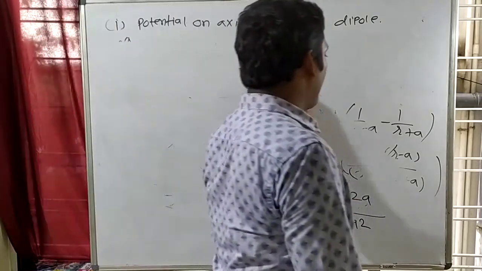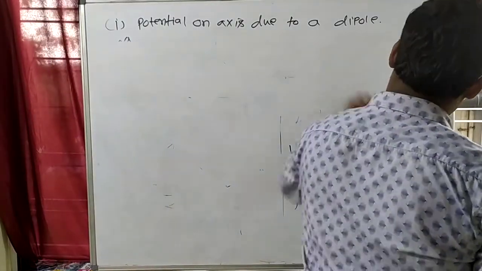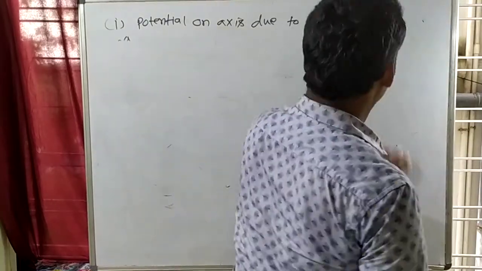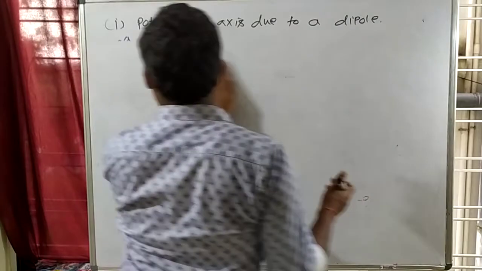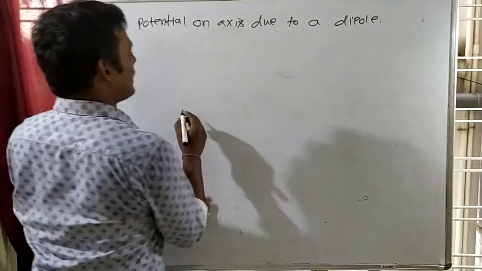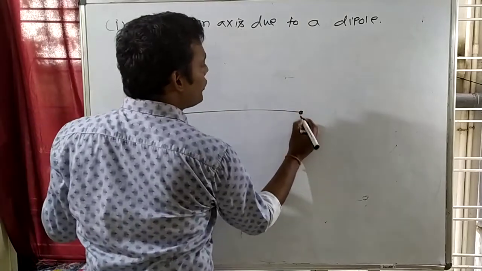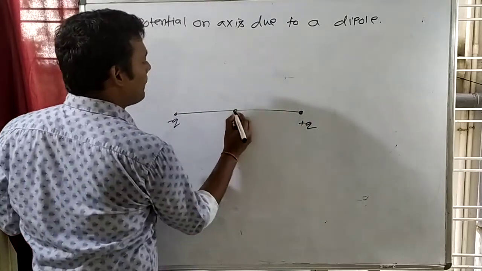So how can you derive the perpendicular bisector also? See, suppose this is a dipole. This is minus q and this is plus q. Let's say this is the middle point of the dipole.